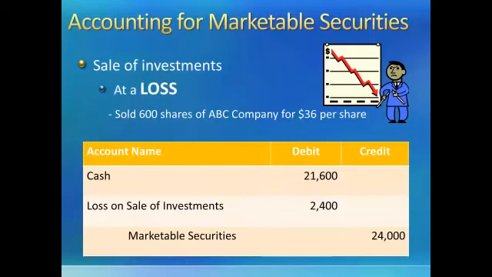That's the $40 per share that we paid for the stock multiplied by the 600 shares. We have a loss of $4 per share because we sold it for $36 and paid $40. So we have a loss of $4 per share. $4 per share times 600 shares is equal to $2,400 total loss on this transaction.